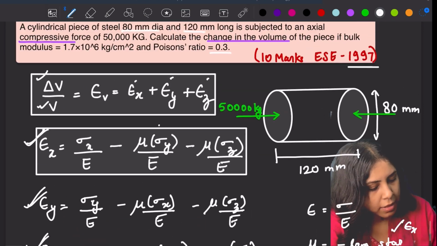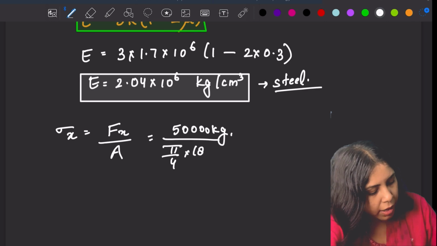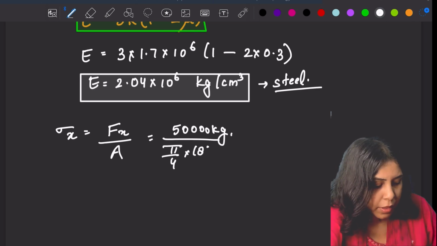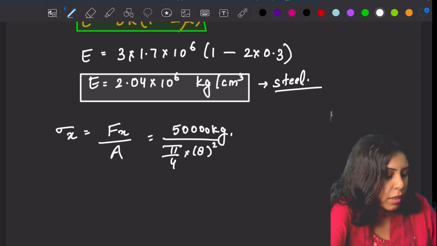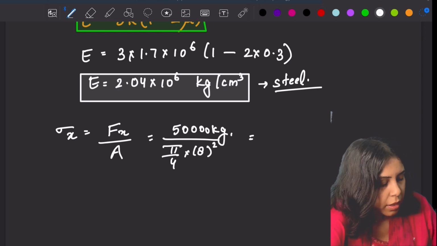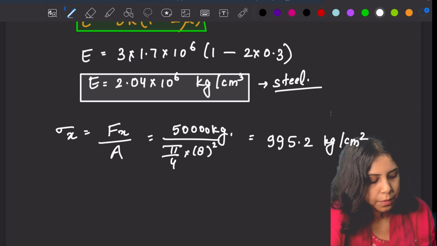This is written as 80 mm and everything is going to be in centimeter, so I will write it as 8 centimeter squared. So I got the answer as 50000 upon pi by 4 into 8 square, that is equal to 995.2 kg per centimeter square.